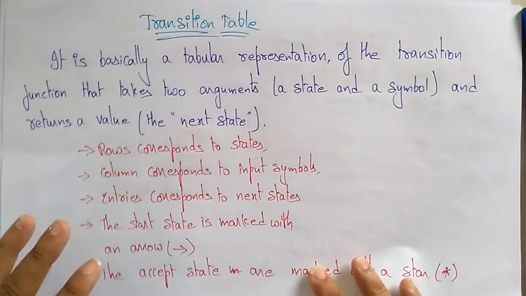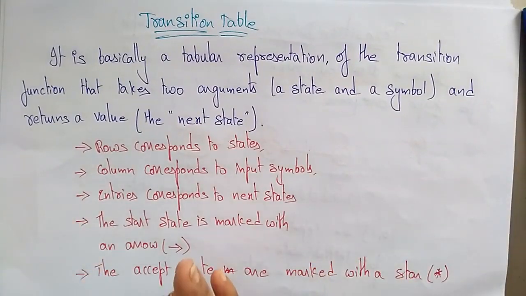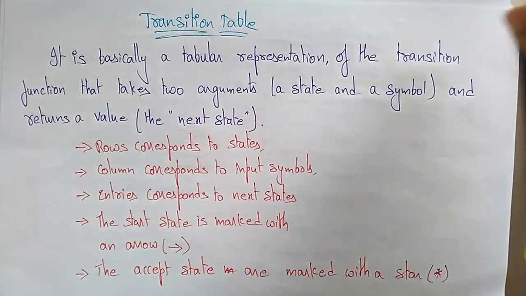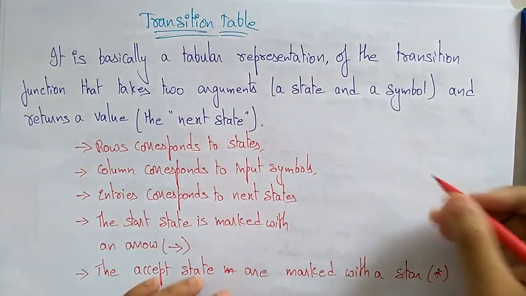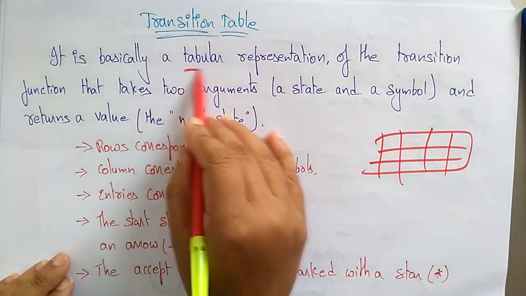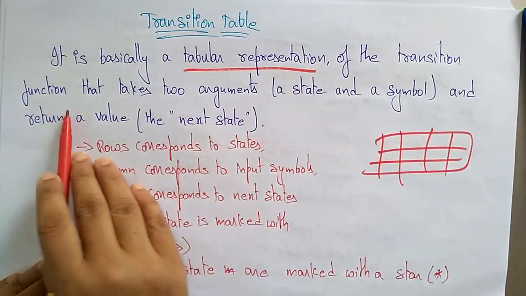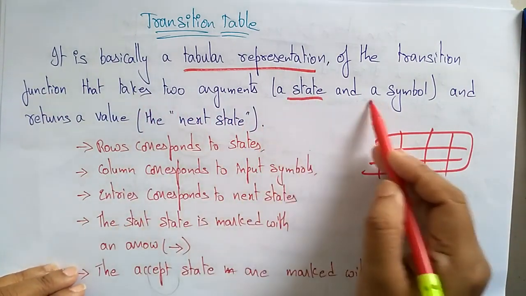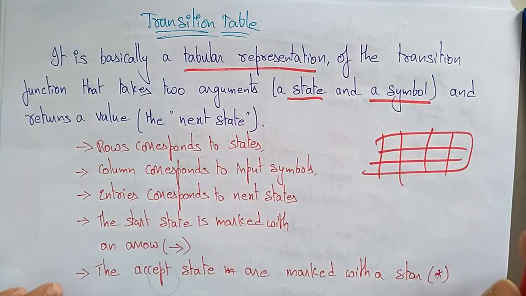Now let's see the transition table. A transition table is basically a tabular representation. A table is represented in the form of rows and columns. It is a tabular representation of the transition function that takes two arguments, a state and a symbol. State means the initial state, an intermediate state, or the final states.